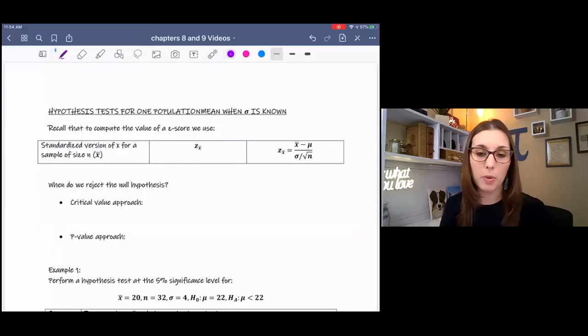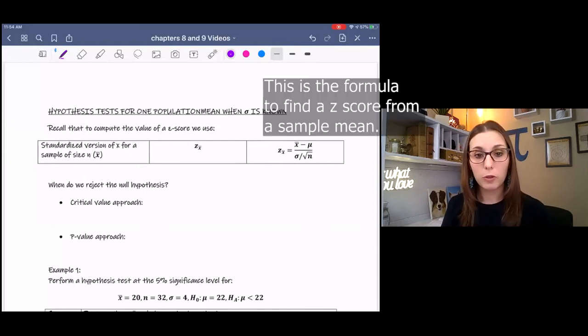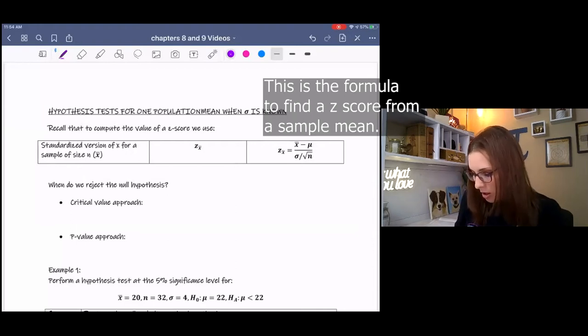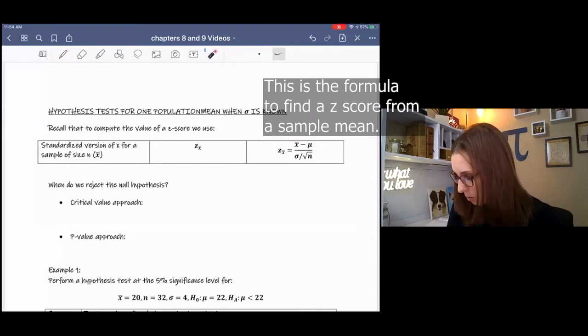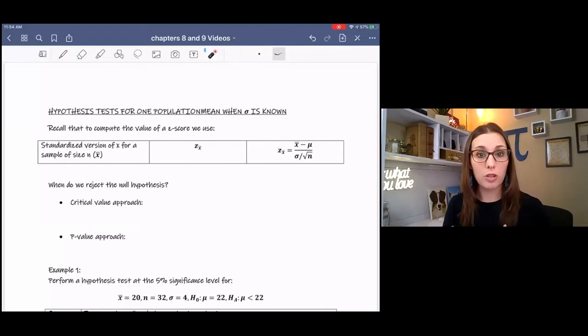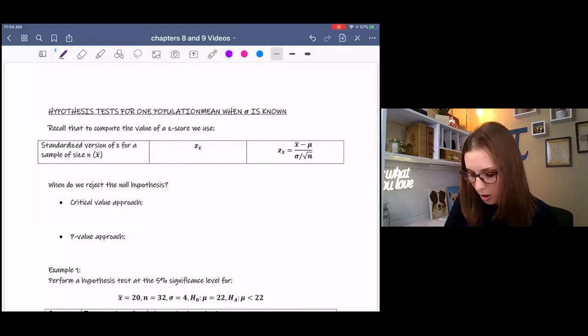Before we get into hypothesis testing, let's first review just a little bit of the p-value and the critical value approaches. I do want to remind you that when we talk about a z-score, we use this formula in the box here. I think in my last video, I wrote the general formula for z-score.